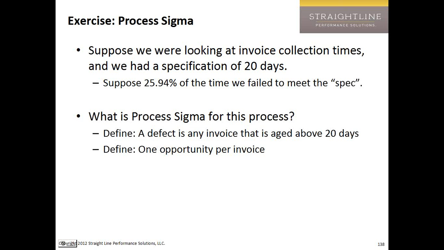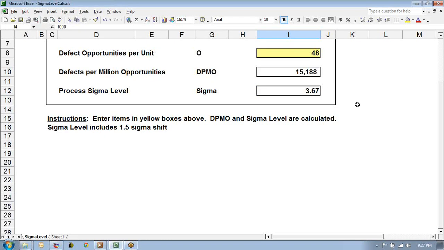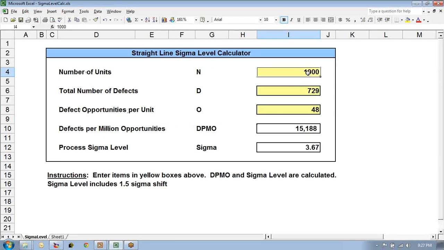All right, so let's take a look at what that would be, and we can just type that into our sigma level calculator. So here I've got, let me just do it as one unit. It was 25.94%, I think it was.